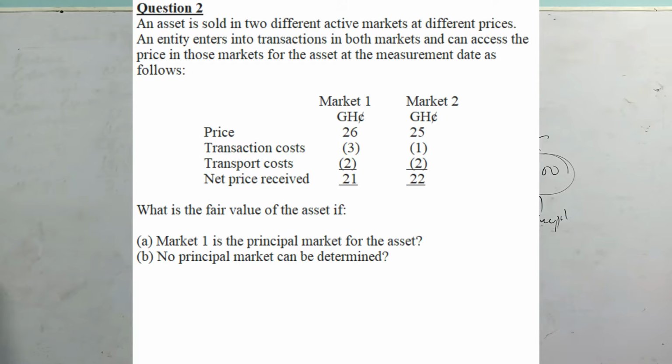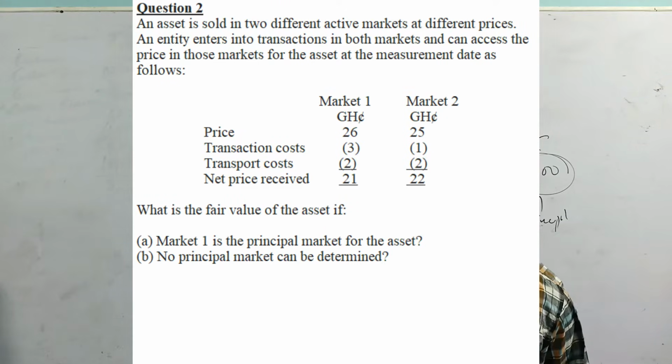An asset is sold in two different active markets at different prices. An entity enters into transactions in both markets and can access the price in those markets for the asset at the measurement date as follows. So we have market 1 and 2, and for each of them we have the price. In market 1, you can sell it at a price of 26 cedis.